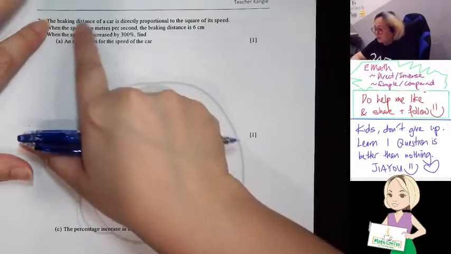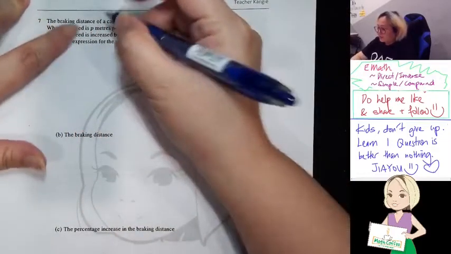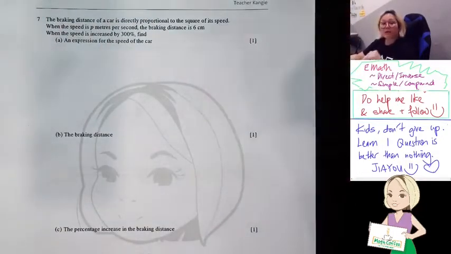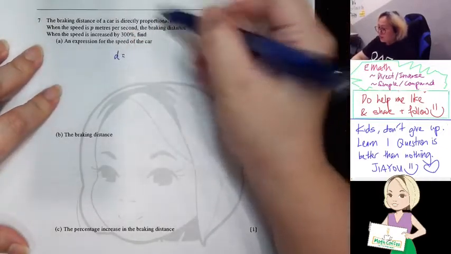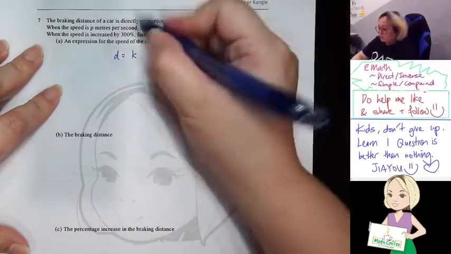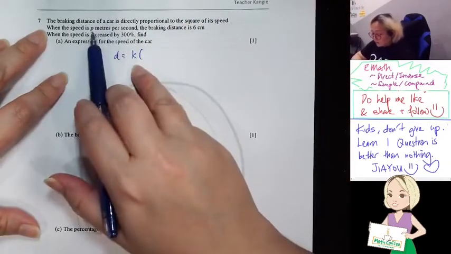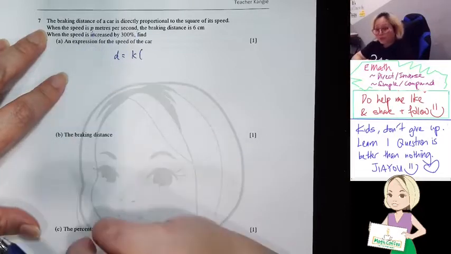The braking distance of a car is directly proportional to the square of the speed. Since they never asked me to use which alphabet, I can decide myself. Braking distance, I shall use D to represent. So D is equal to K times the square of the speed. They never mention the alphabet for speed, but since I have P meters per second, I shall use P to represent my speed.